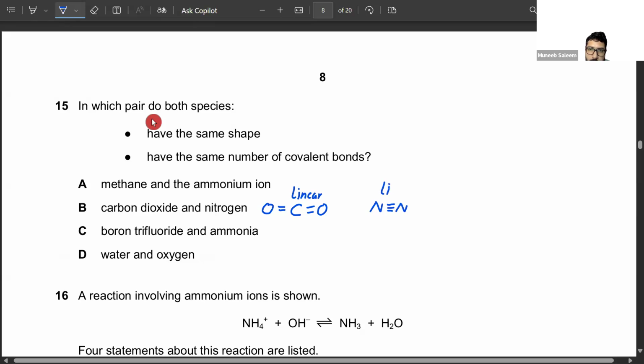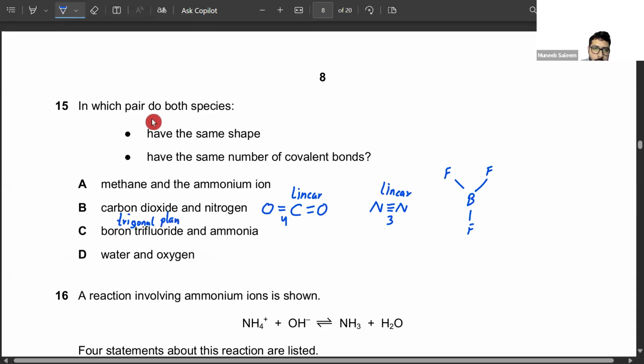It's also linear. Both are linear, but with respect to the number of covalent bonds, CO2 has 4 covalent bonds, and this one has 3 covalent bonds. Now, boron trifluoride, BF3, which is boron bonded with 3 fluorine atoms. There are 3 covalent bonds, and the shape is trigonal planar.